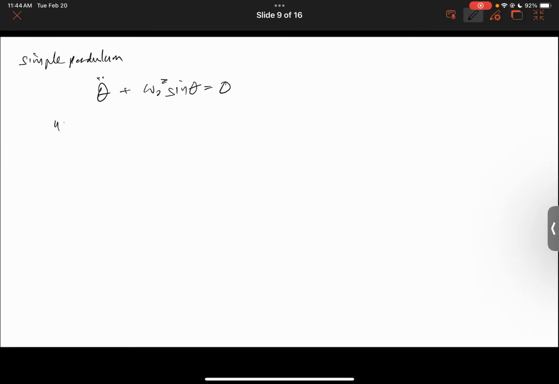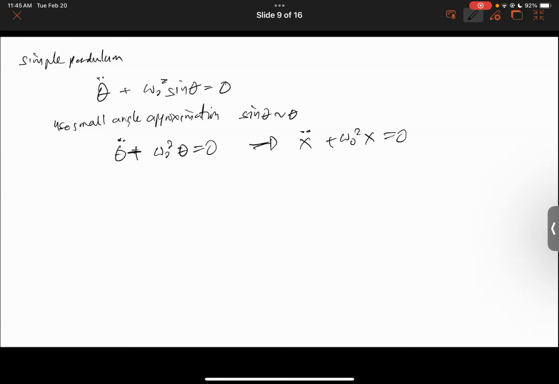Ginagawa natin, we use a small angle approximation where we expand sine theta using Taylor series and approximate it equal to theta, and then this equation of motion will be then reduced to theta double dot plus omega naught squared theta is equal to 0, which is, of course, very similar dun sa ginawa na natin kaninang solution. Okay. So yan yung para sa simple pendulum.